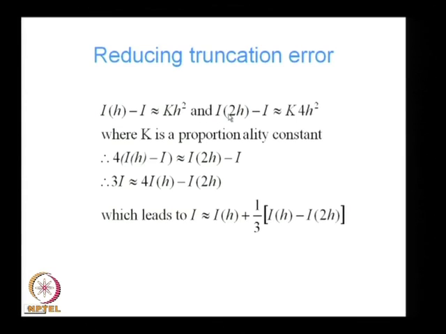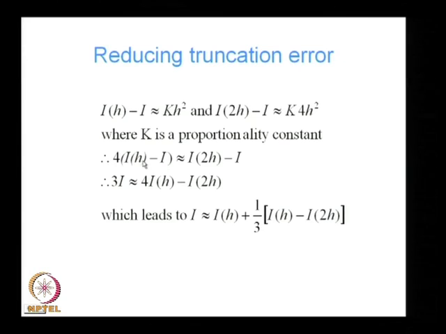Similarly, if we use a step size of 2h, then the difference between I of 2h, the integral with a step size of 2h, and I, the exact value, is given by k times 4 h square.